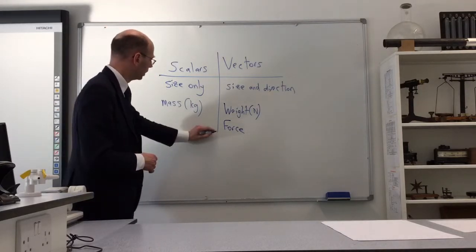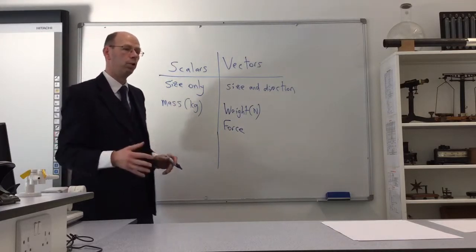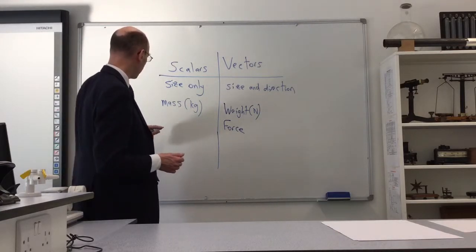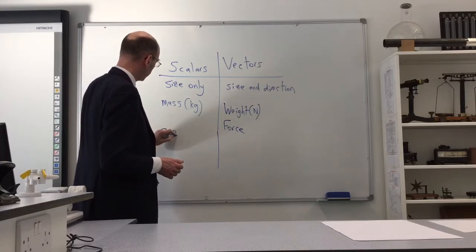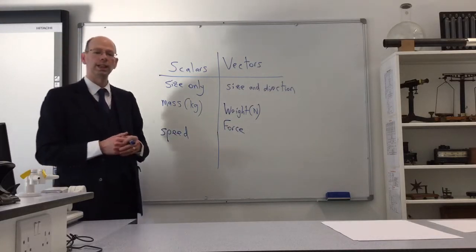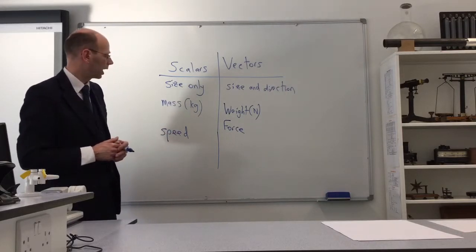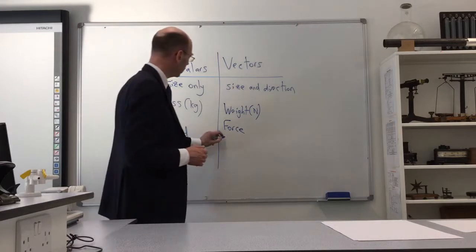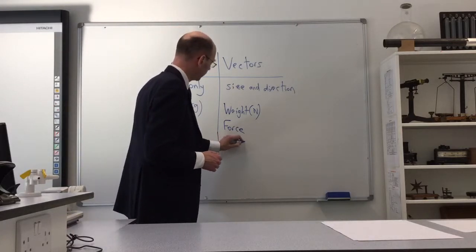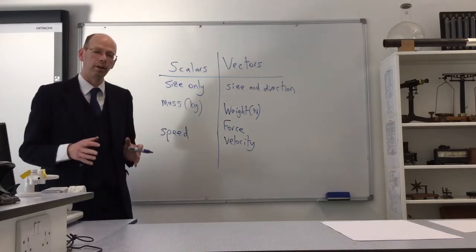Another distinction between scalars and vectors is when we're thinking about movement, and if we had a measure of the speed of an object, then speed would just be a scalar quantity. It just is a number of meters per second. It doesn't have a direction. But velocity is defined in terms of size and direction.